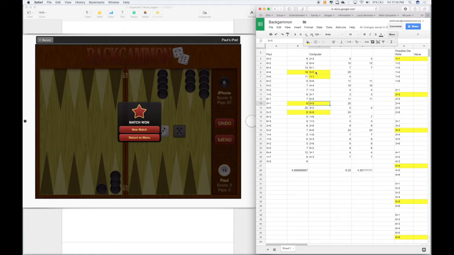The computer got some of its best rolls when it could not use them because it was trapped on the bridge. So when I take those values out, the computer actually only averaged 4.361 repeating per die roll, much less than what I did. So that's another piece to how I won.